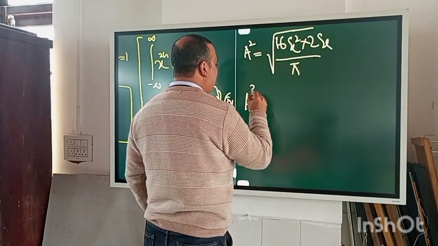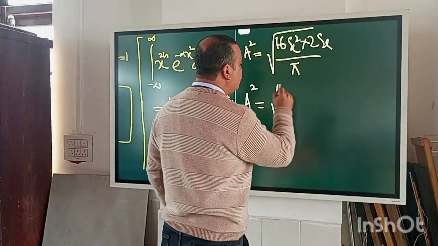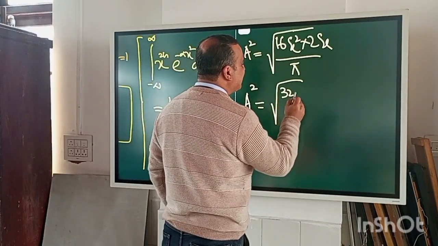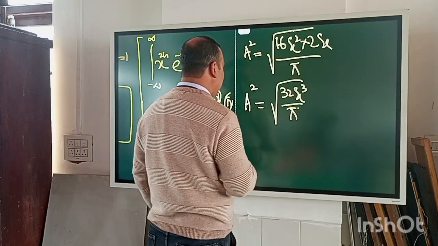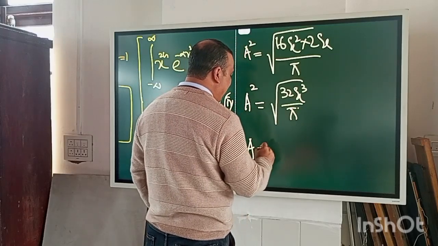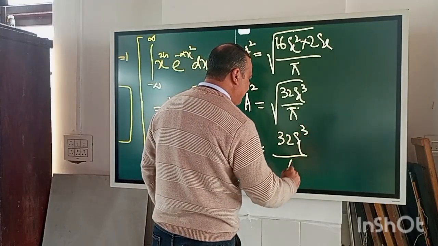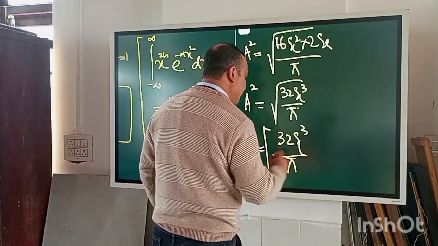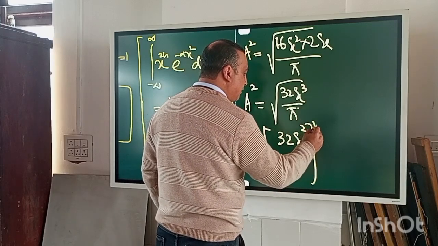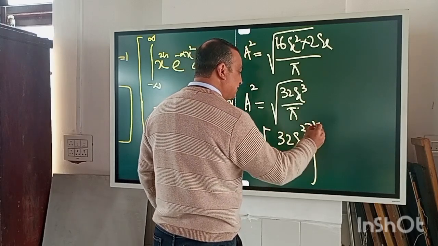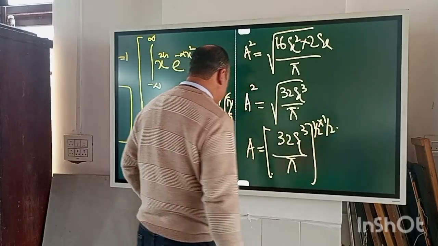So A squared is going to be under root of 32 zeta cube divided by pi. So we can write this A squared as 32 zeta cube divided by pi, the whole raised to the power 1 by 2, and this 1 by 2 will be multiplied with the other square root, so this will be 1 by 2.